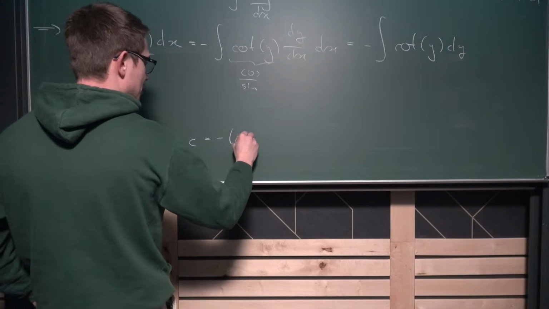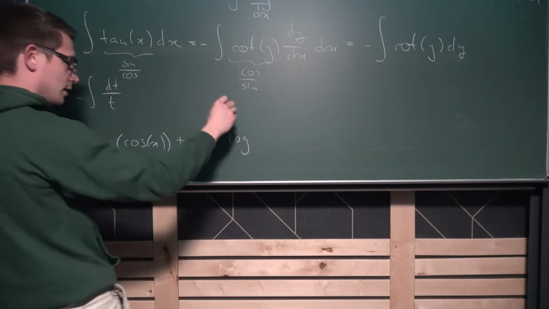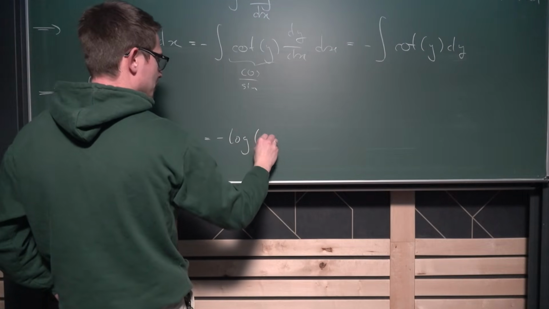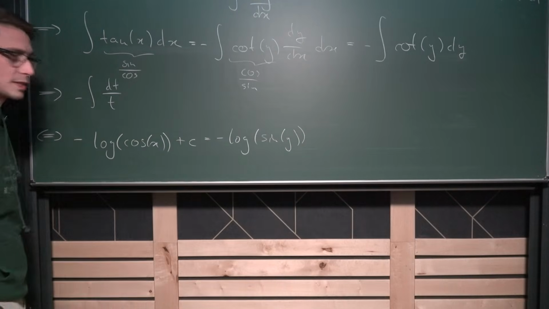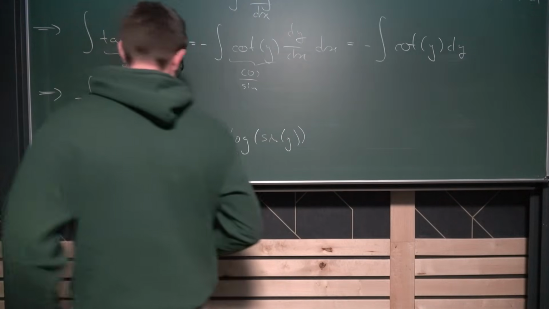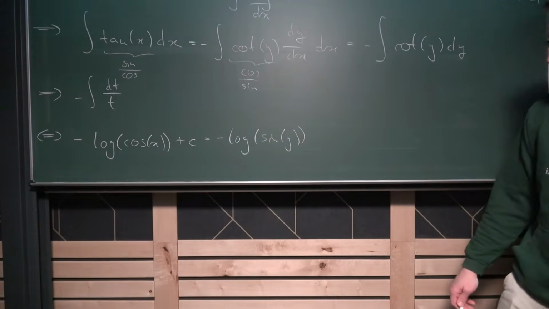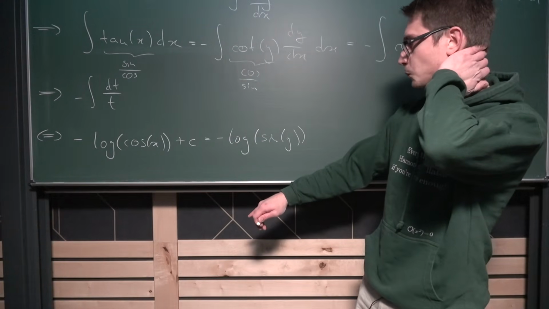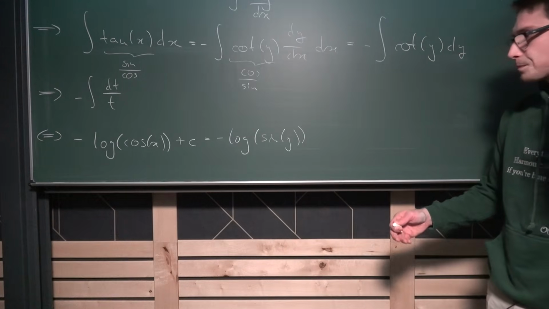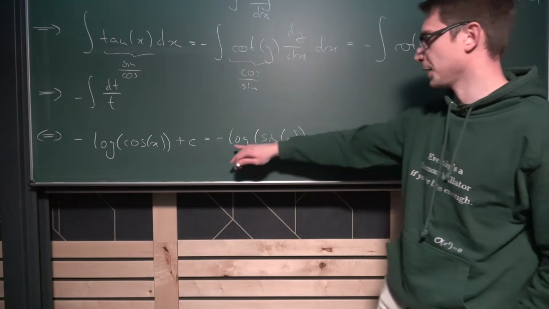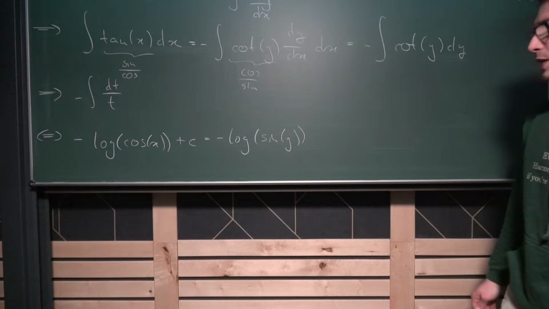So negative the natural log, and the negative sign is from here. Negative natural log of sine, and this time of y, plus some arbitrary constant and so on. And we can absorb it into here. Yeah, really doesn't matter. I wanted to divide both sides by -1. But this really doesn't matter right here.